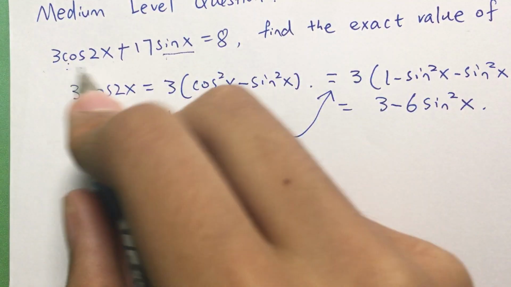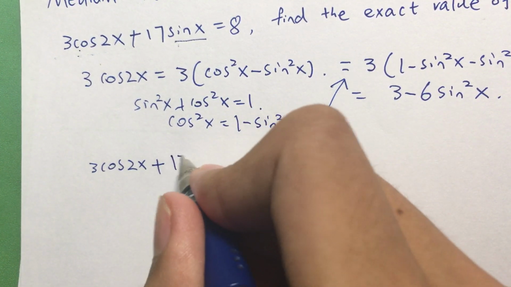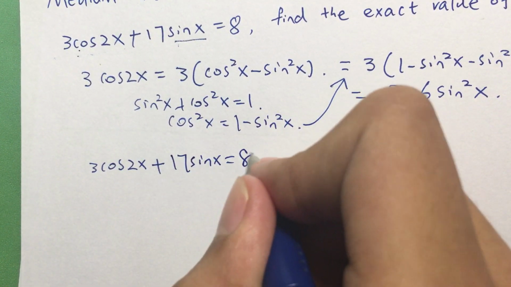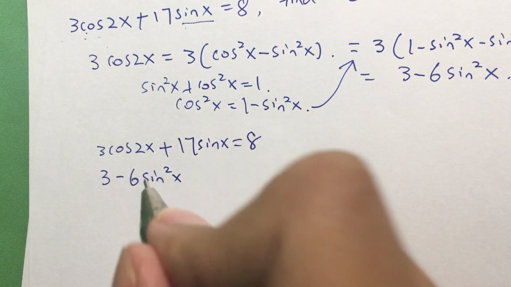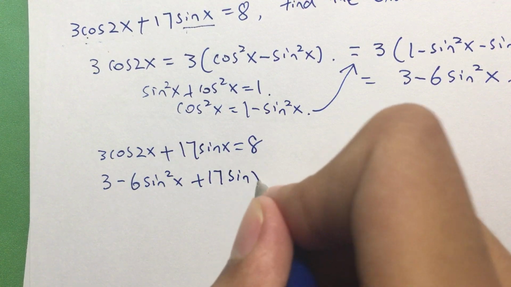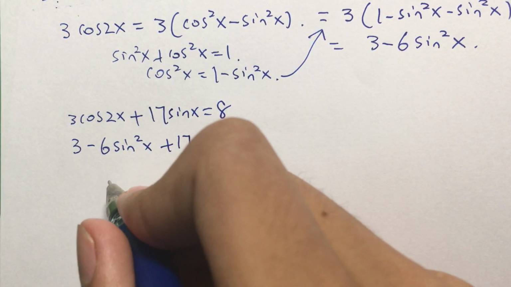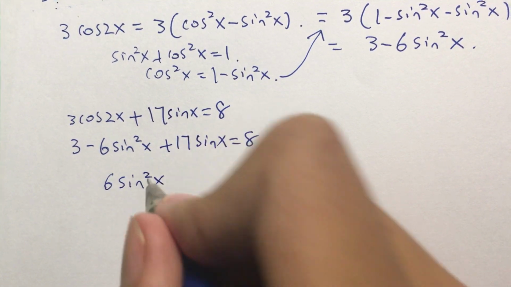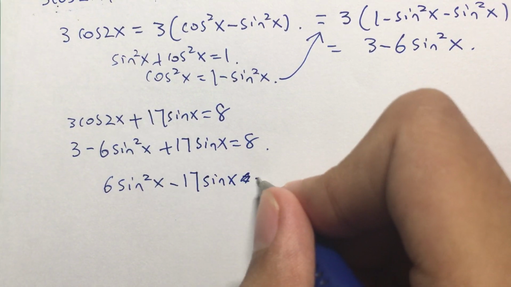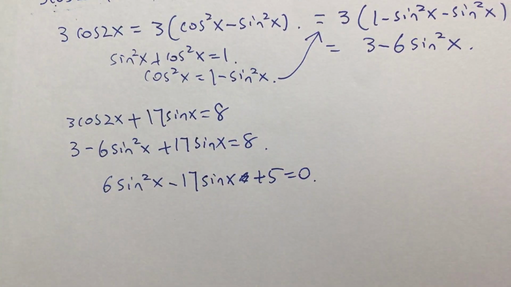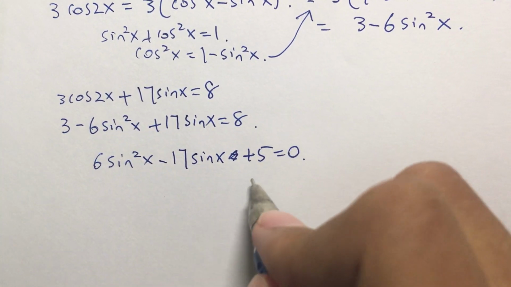So now we can rearrange this equation: 3 cosine 2x plus 17 sine x equals 8 becomes 3 minus 6 sine squared x plus 17 sine x equals 8. Let's rearrange this again, which becomes 6 sine squared x minus 17 sine x plus 5 equals 0.